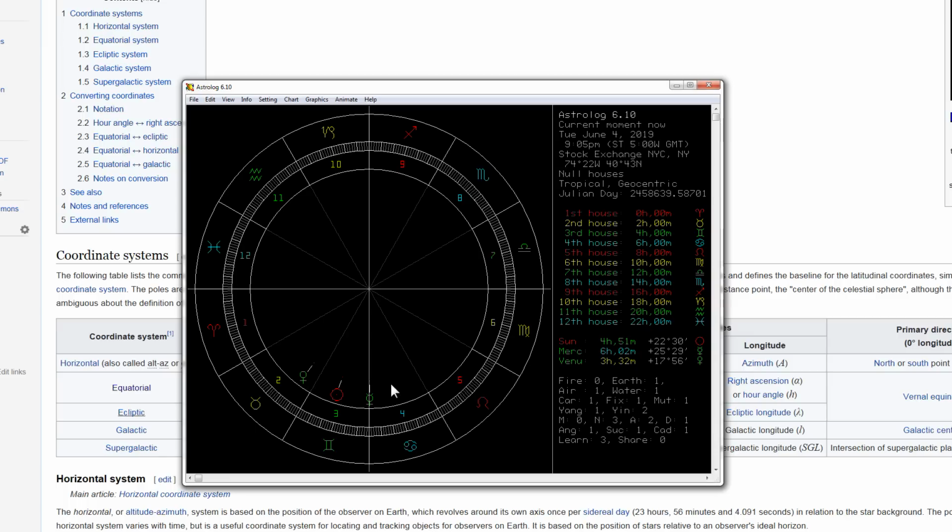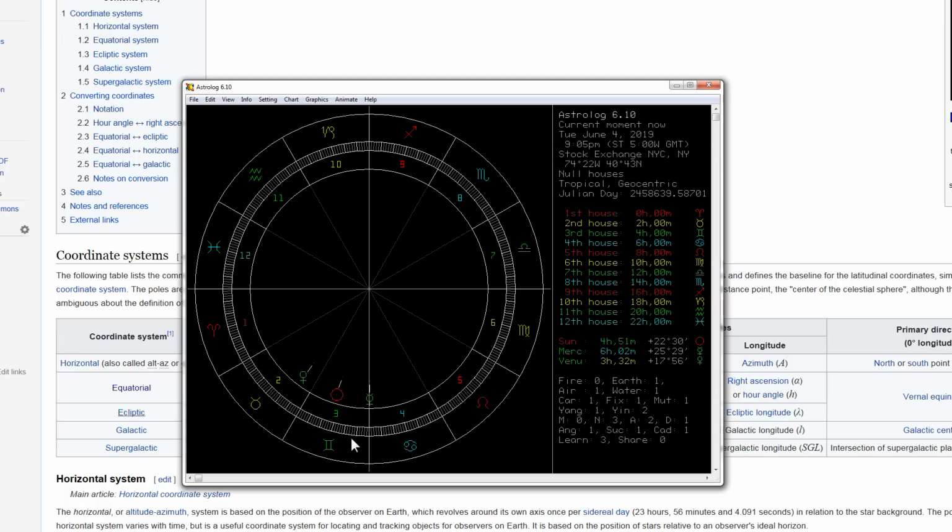But this only happens right around here. So if you hear about a planet being out of bounds, this is only going to happen in these two signs right here.